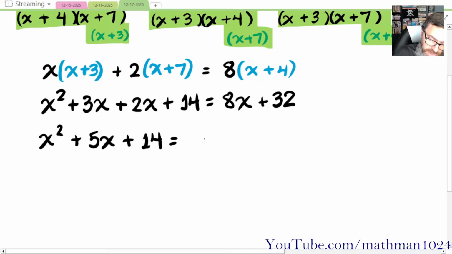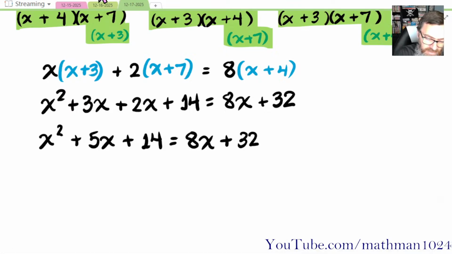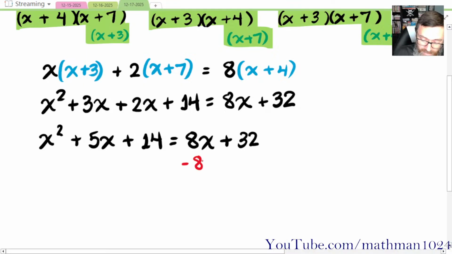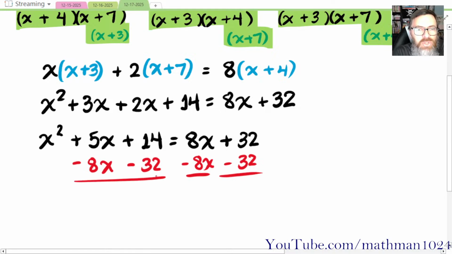We do this before we bring over these terms from the right side. You don't necessarily have to do it that way. I'm doing that so you can see every single step and understand where everything comes from. So I move everything over to the left side because I do have something that's quadratic, and this is how I want things to look at the very beginning for solving a quadratic.